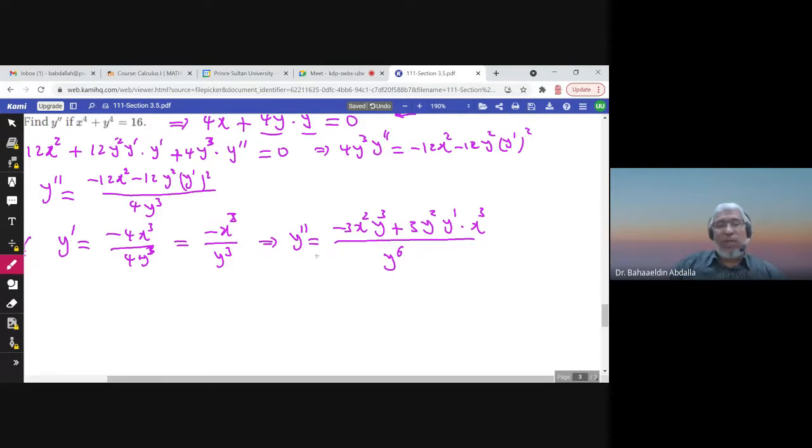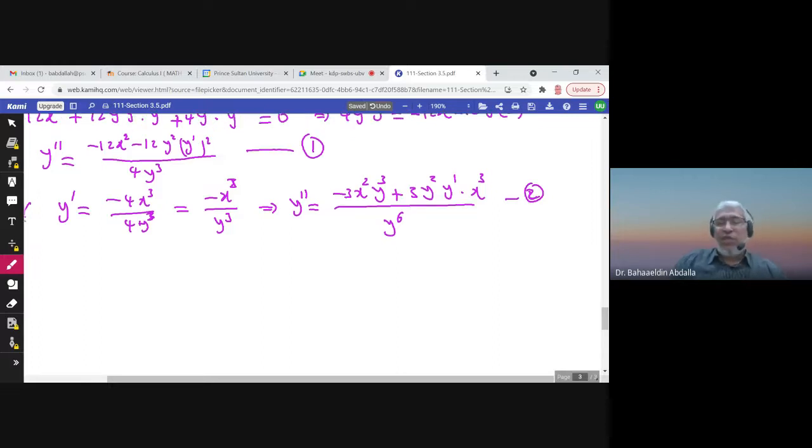So let us call this 1 and this 2, and let us make sure that 1 equals 2. So let me continue equation 2 here.